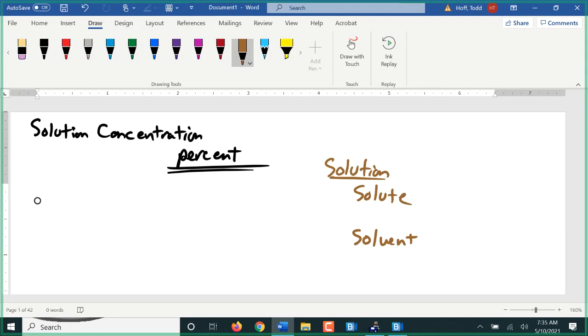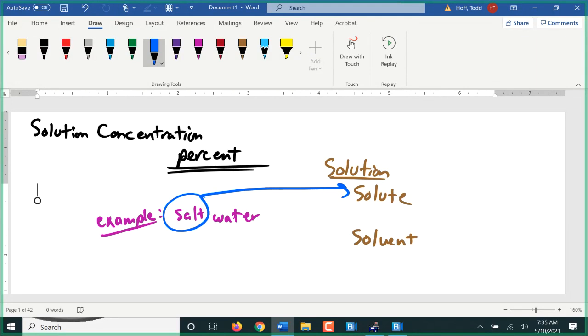A solvent is just usually a liquid, but not necessarily, that other substances dissolve into. So if we're going to use salt water, the salt is the solute.